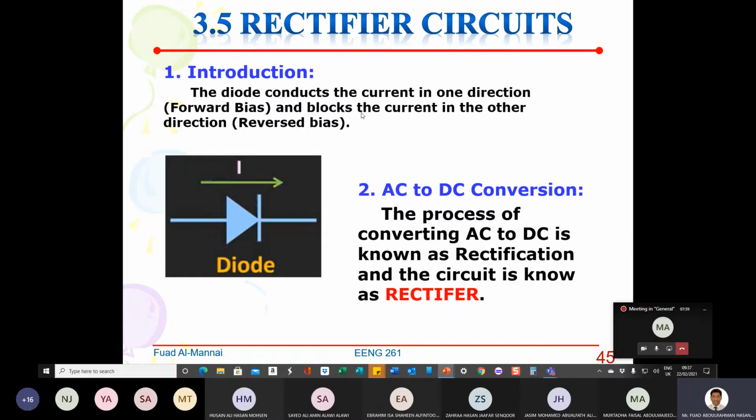Now, what we usually do is convert the AC to DC.